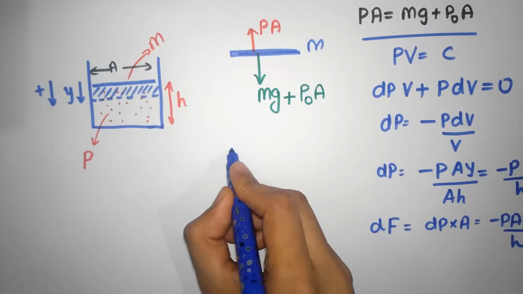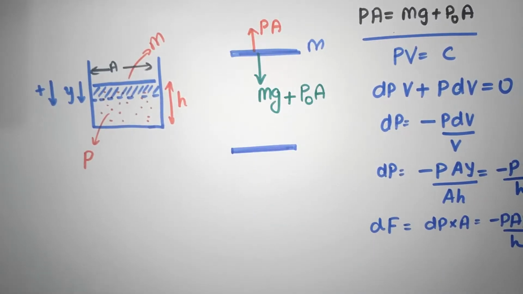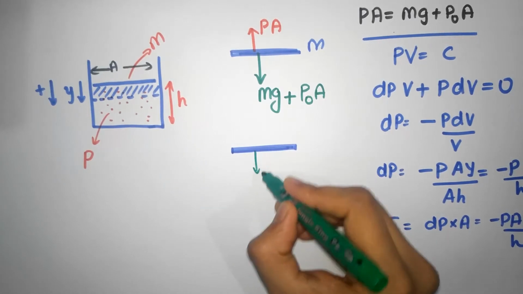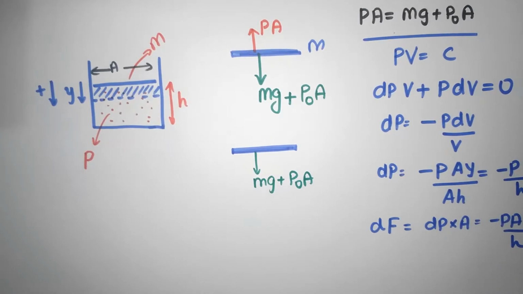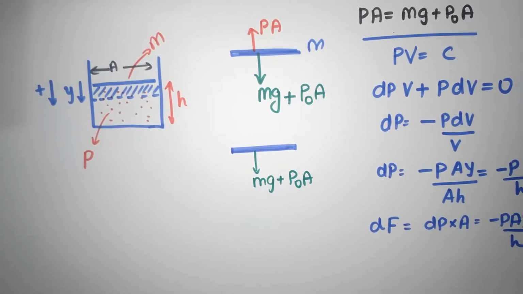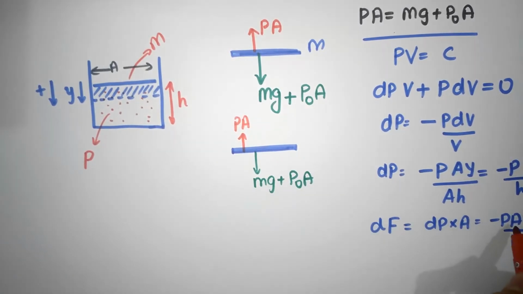So let's redraw the situation now. What are the forces acting right now? We still have the gravitational force and the atmospheric force, plus P naught A. That's not going to change. But now the upward force has changed. Initially the upward force was PA, but now we have an additional force.